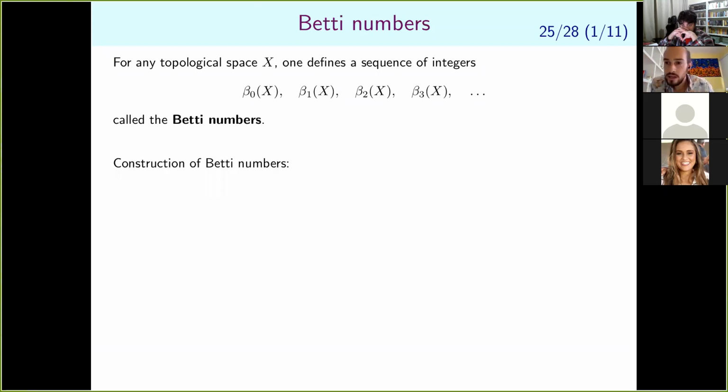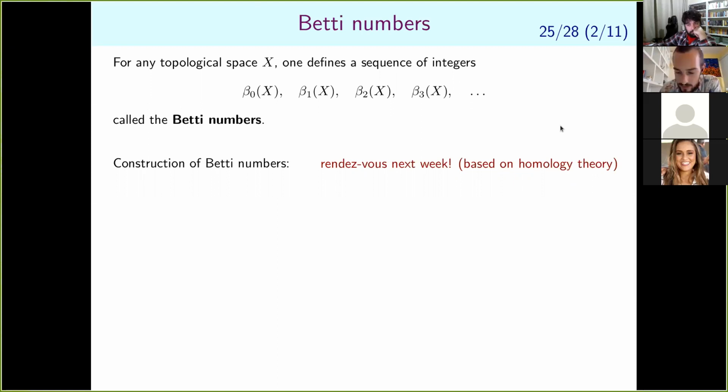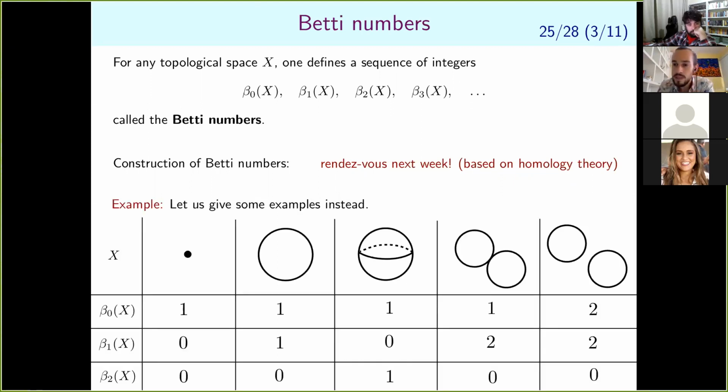And so it is not an easy task to define these Betti numbers. Unfortunately, I won't have the time today to give you the definition, but trust me, there is a nice way of defining these numbers. And this is based on homology theory. But instead of building them, let me give you some examples.